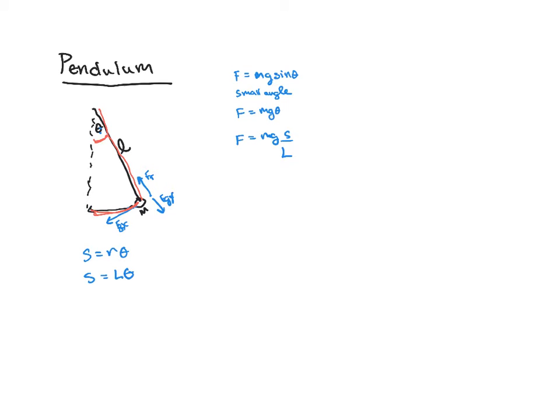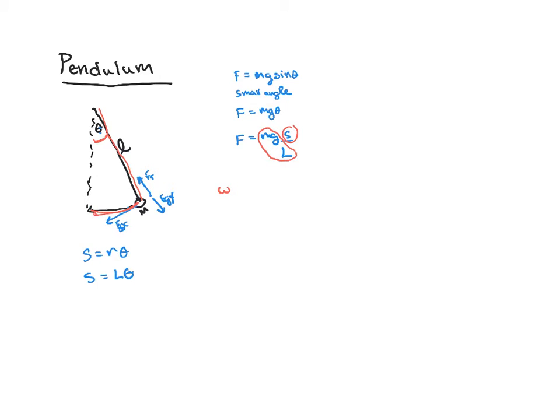In this equation, S is very similar to the x, or distance from equilibrium, that we used in the spring force relationship, while everything else in the equation describes the pendulum itself, very similar to k describing the springiness of the spring.